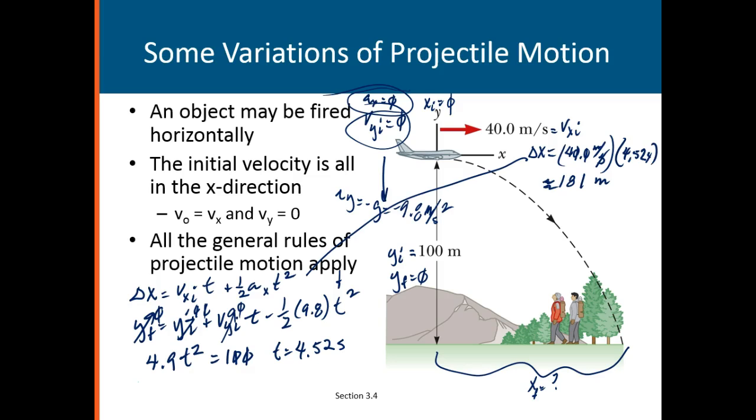The B part. What are the horizontal and vertical components of the velocity of the package just before it hits the ground? So we want V sub x final and V sub y final, just before it hit the ground. Anyone want to volunteer how to get either of those?